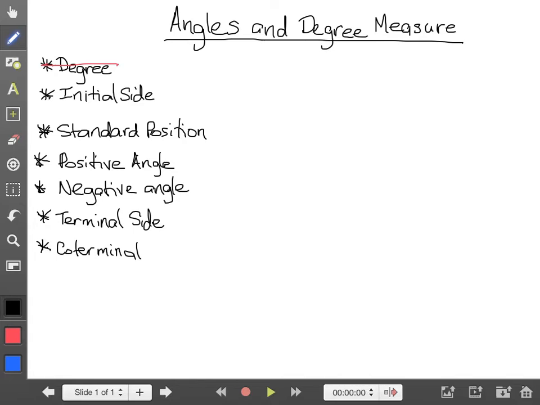So we just spoke about what a degree is, so we're done with that. Now let's talk about what the initial side of an angle is. So going back to our room where we're standing, that's our little head right here from the top. Let's say we're not looking the way we were looking before to the right. Let's say we start off, and when we start off, we're looking in this direction.